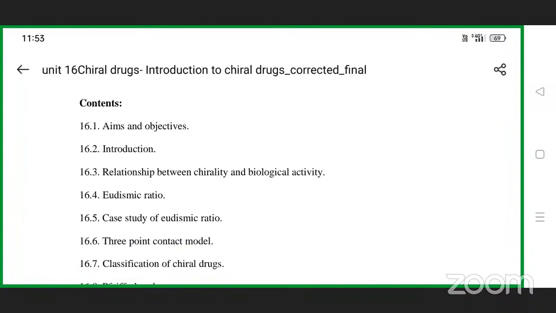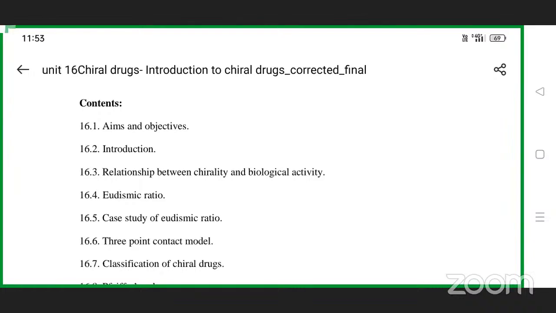Generally, what is meant by chirality? When the central carbon atom is attached to four different groups, we call it a chiral compound.